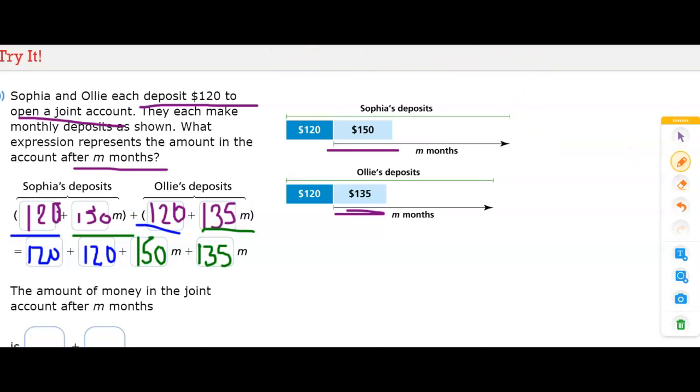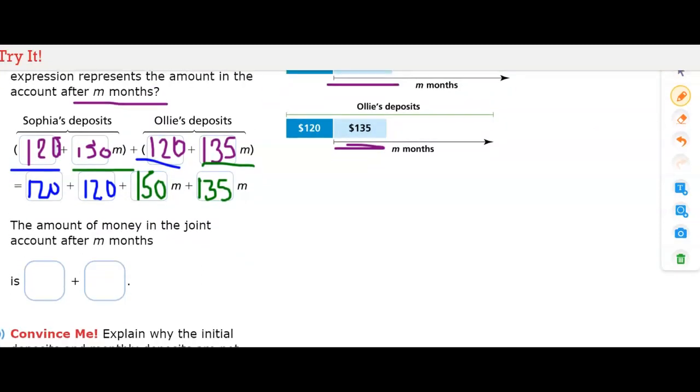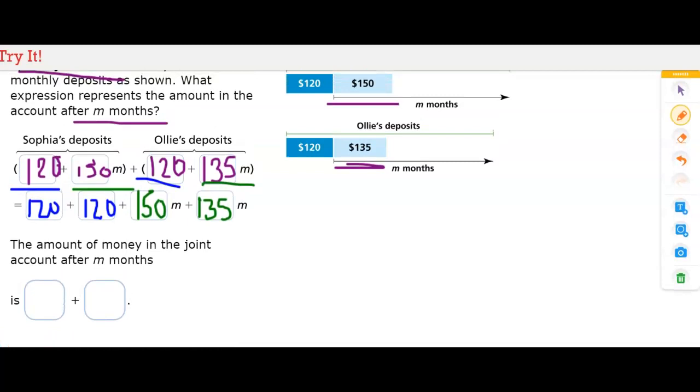Now we have to solve for the amount of money that they each deposit. So 120 plus 120 is $240.